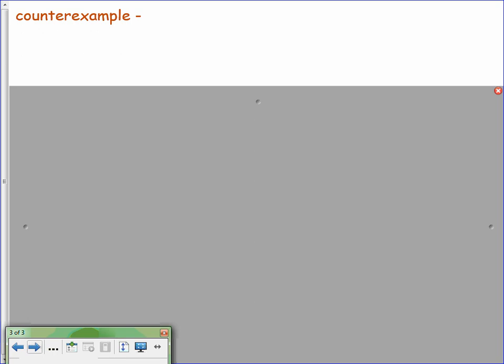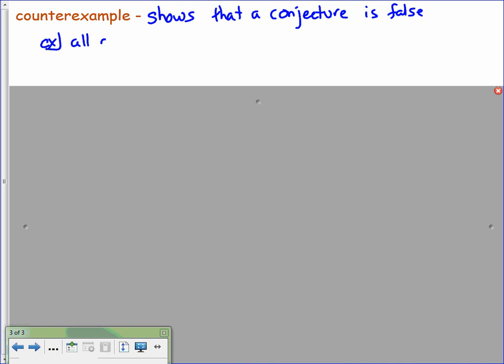What happens when it doesn't work? Well, we must provide a counterexample. So a counterexample shows that a conjecture is false. An example, all prime numbers are odd.